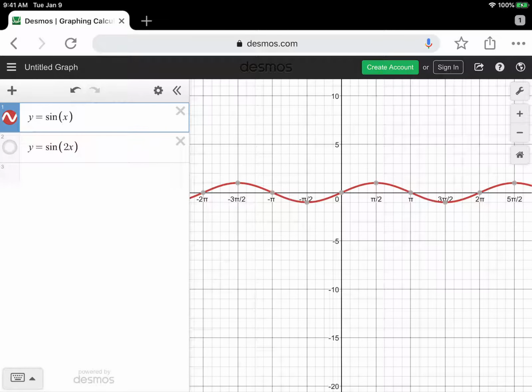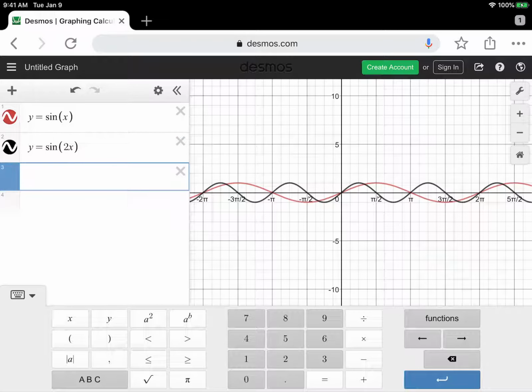Here's your normal parent graph. Now compare it to this black graph. Do you see how there are 2 full periods? It looks like those periods doubled on me. Does that make sense? If you're looking at 2, it looks like we're going through our inputs twice as fast.